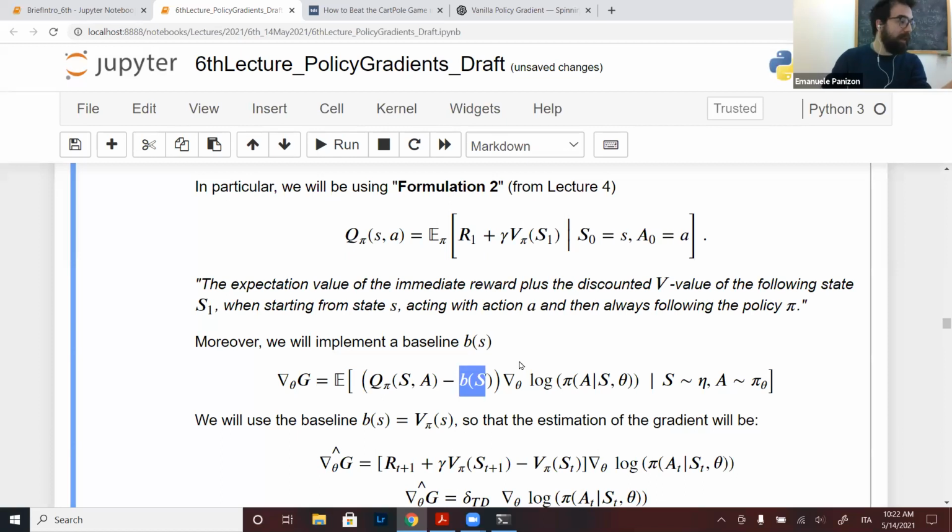But the expected value is the sum of the probability times the derivative of probability divided by the probability. So the probability cancels, and you have the sum of some function of the state times the variation of the probability of doing the action A, summed over all actions A.